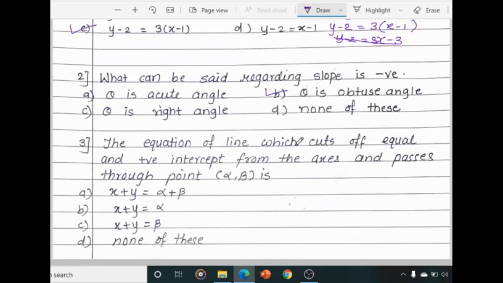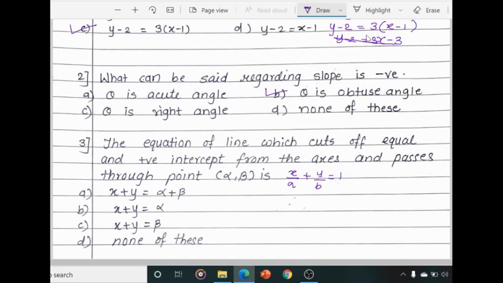Next, the equation of line which cuts off equal and positive intercepts from the axes and passes through point (alpha, beta) is. See, we know the intercept form, that is x upon a plus y upon b equals 1. We know a means x intercept and b means y intercept.